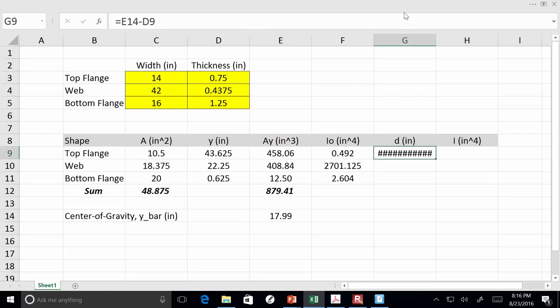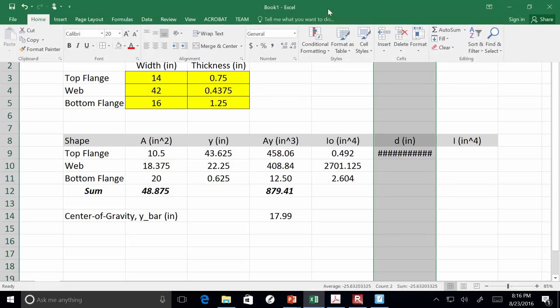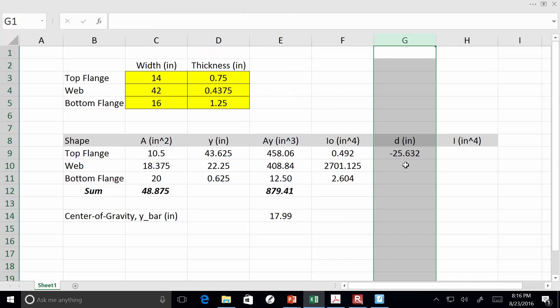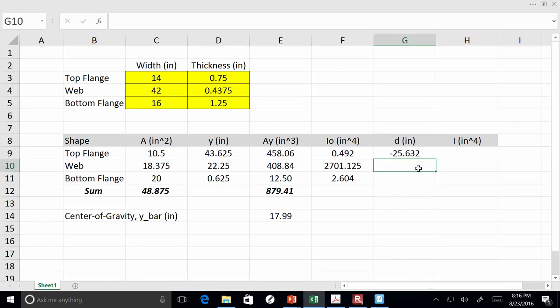All right. If I want this distance, I take the centroid of the whole thing minus that. If I want this one, centroid of the whole thing minus that. And it doesn't matter if I do A minus B or B minus A because I'm going to square it.